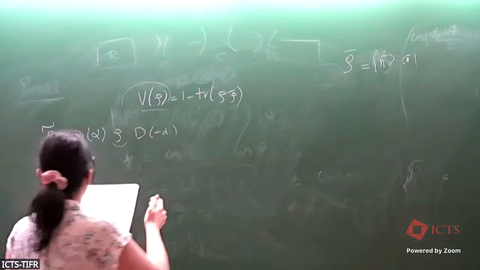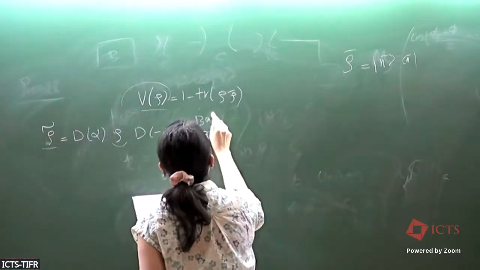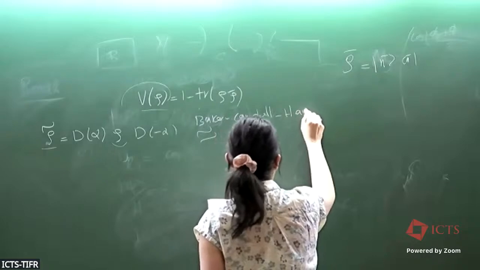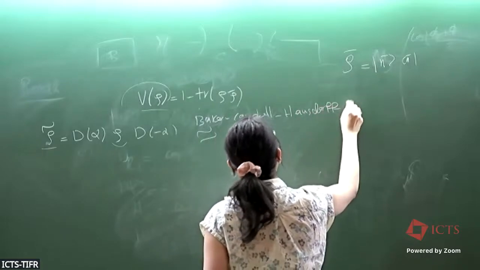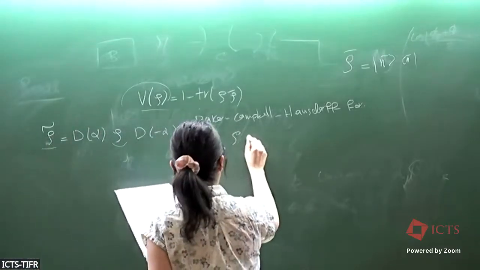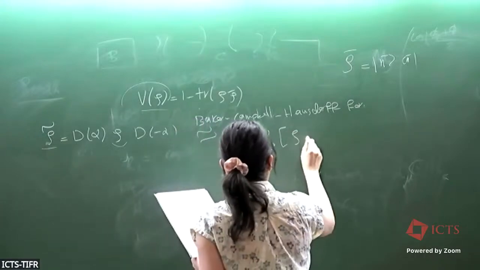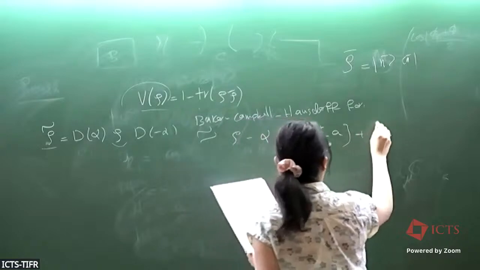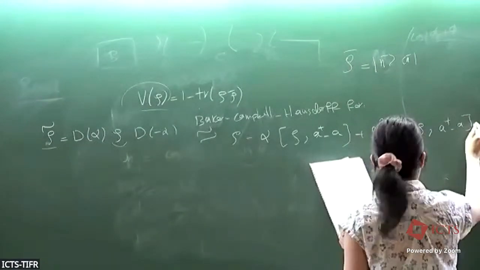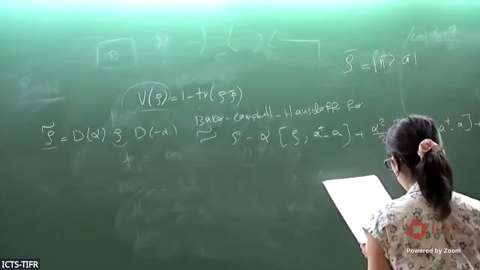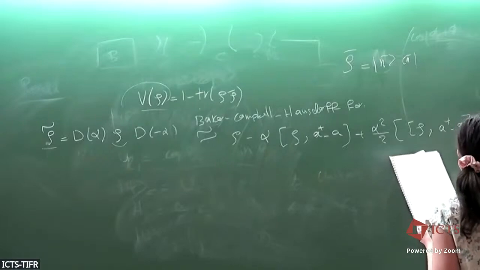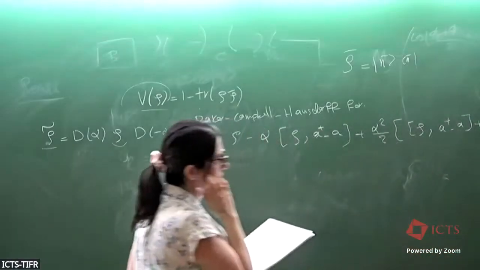In fact, approximately, if you use the Baker-Campbell-Hausdorff formula, for alpha small, this is approximately given by rho minus alpha rho a dagger minus a plus alpha square over 2 rho a dagger minus a, a dagger minus a. So this is given approximately like this.